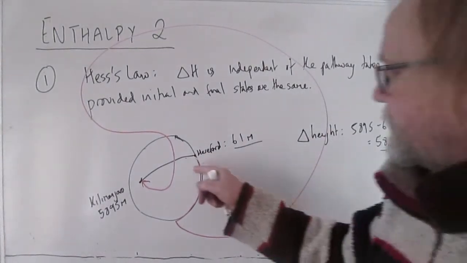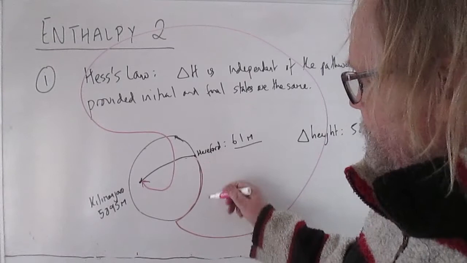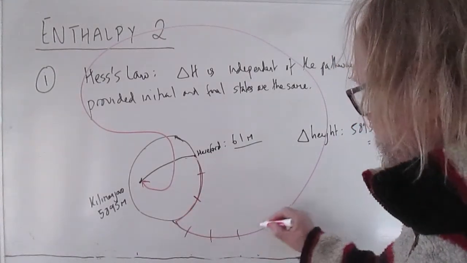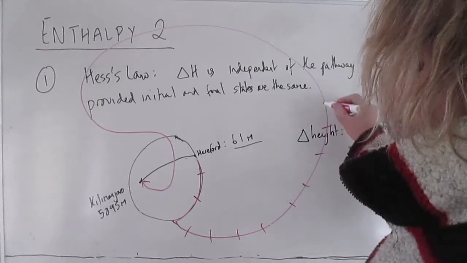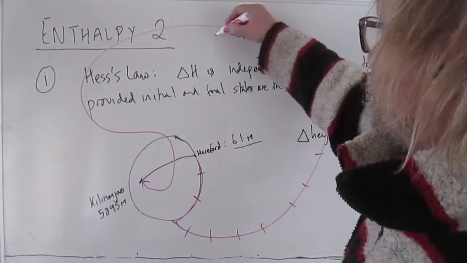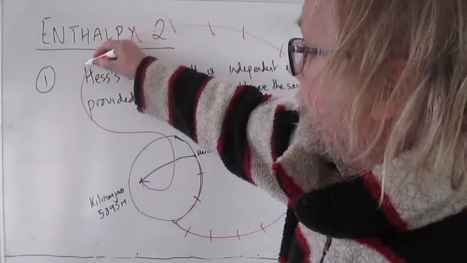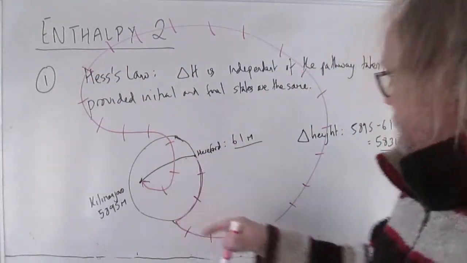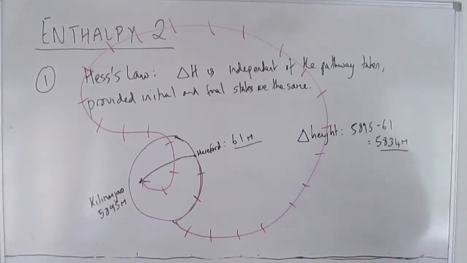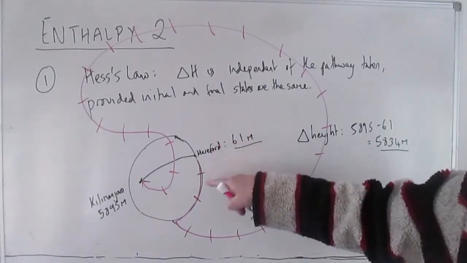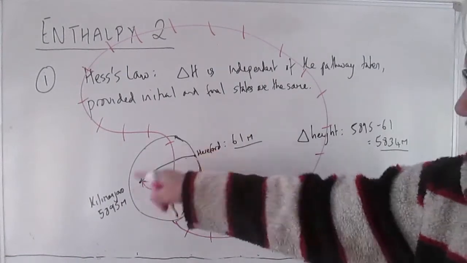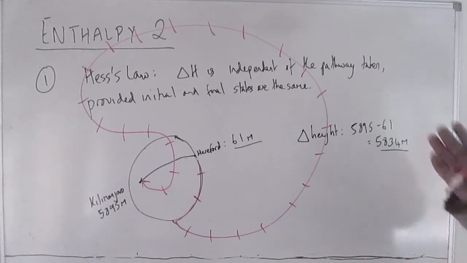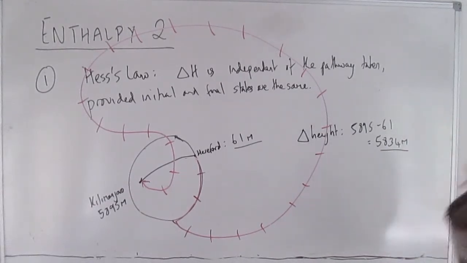However, if we broke this journey down into steps and said, right, let's add up the altitude changes for all these individual steps, what you can also see is that the sum of those altitude changes must still come to 5,834 meters, because otherwise the final answer, the difference in altitude, wouldn't still be 5,834 meters. It wouldn't make sense.